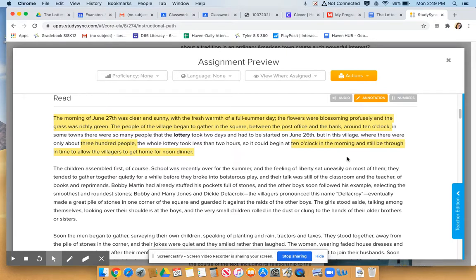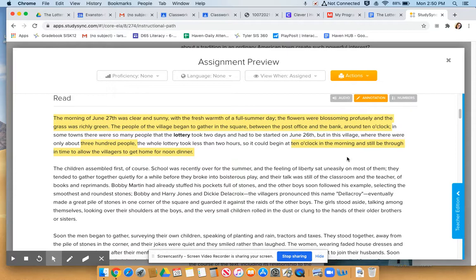Bobby and Harry Jones and Dickie Delacroix, the villagers pronounced this name Delacroix, eventually made a great pile of stones in one corner of the square and guarded it against the raids of the other boys. The girls stood aside, talking among themselves, looking over their shoulders at the boys, and the very small children rolled in the dust or clung to the hands of their older brothers or sisters.